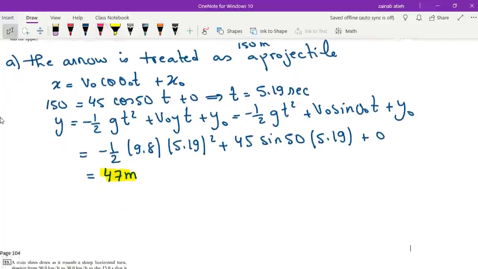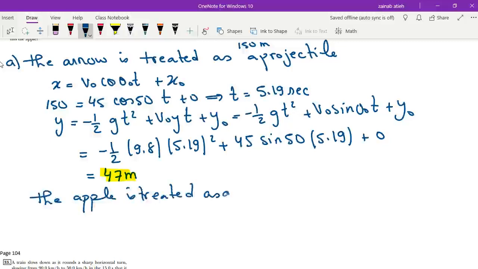To find the speed of the apple, I will treat the apple as a free fall in one dimension. Let's go back to the previous lesson.